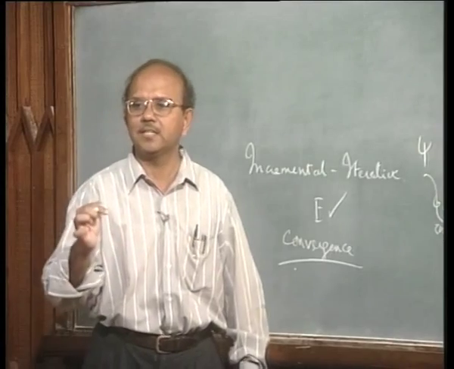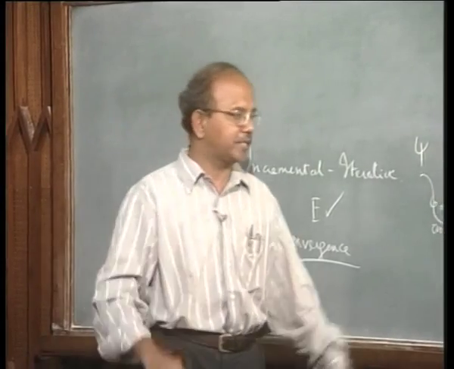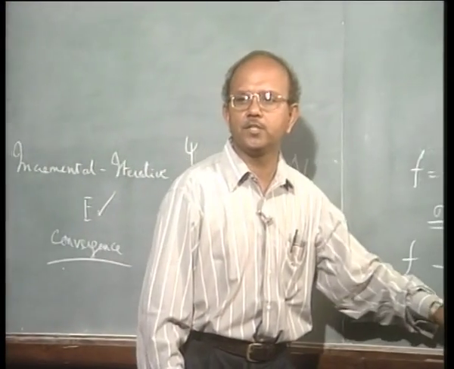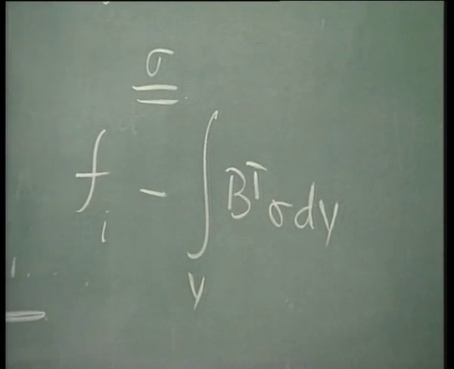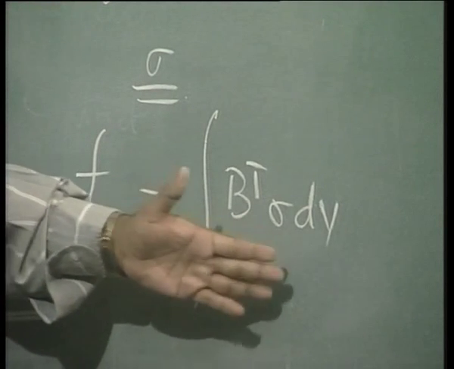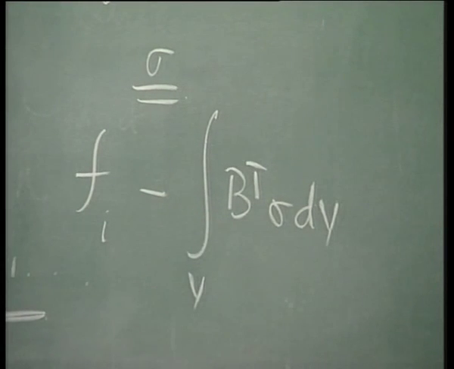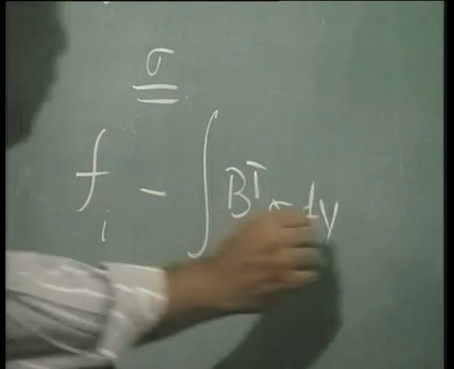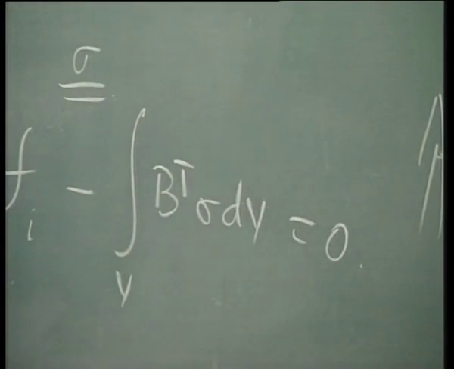So that force, in a finite element situation, is B transpose sigma dV. I apply a force, I get an internal reaction to it, the material reacts to my force. So I develop a force which is B transpose sigma dV. That has to be equal to 0 for equilibrium.